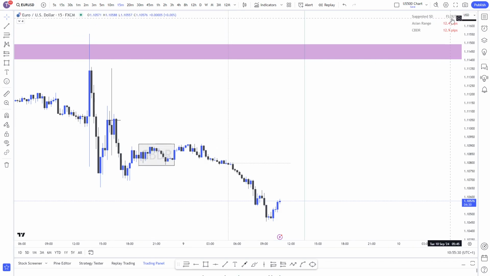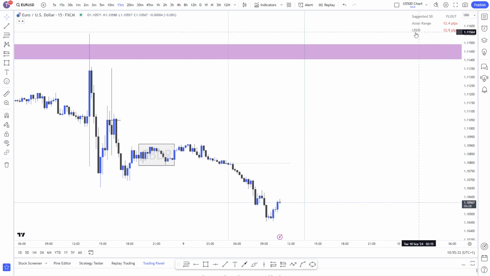They're asking for the flout, not the central bank dealers range, because they've worked out the central bank dealers range is about 13 pips. If it's under 20 pips, according to this indicator, it's going to ask for something called the flout, which is basically the Asian range and the central bank dealers range combined.